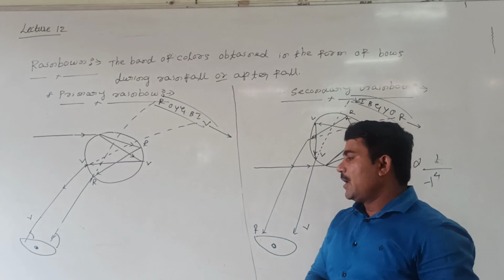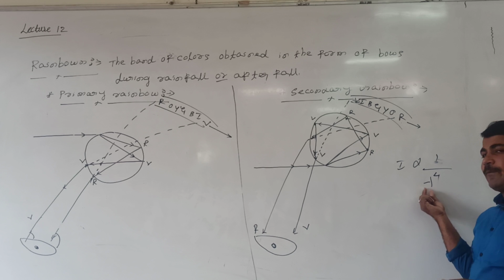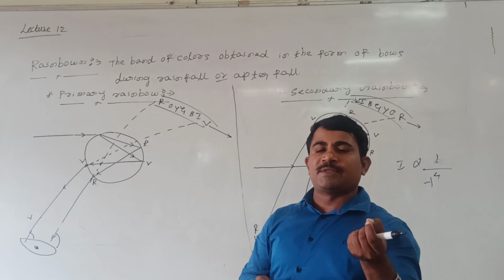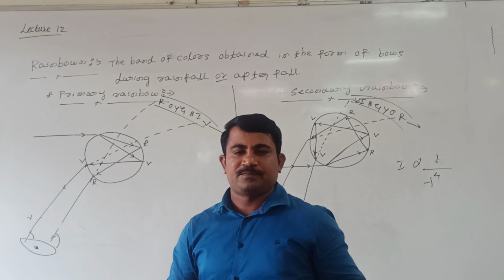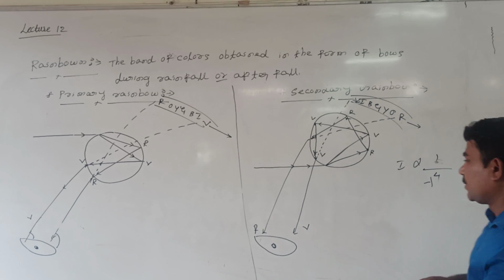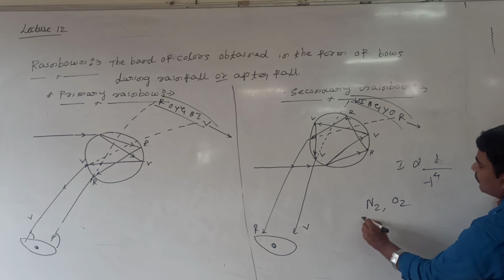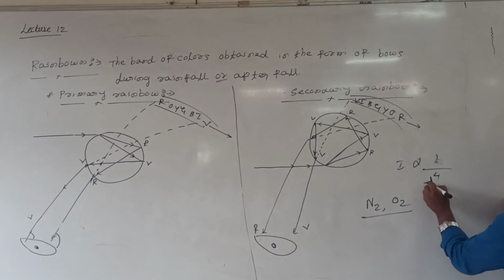See here, the wavelength of blue light is comparable to the size of nitrogen and oxygen molecules. The size of the nitrogen and oxygen molecule is comparable with the wavelength of the light used.